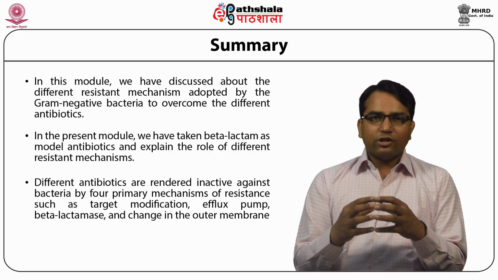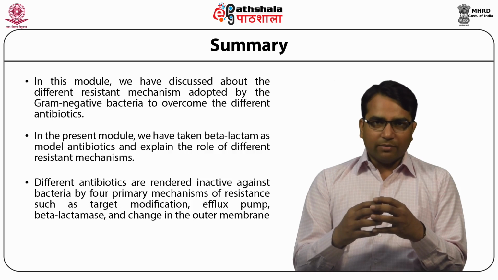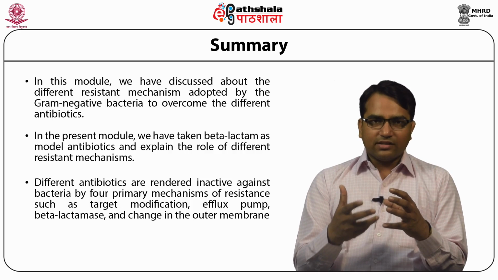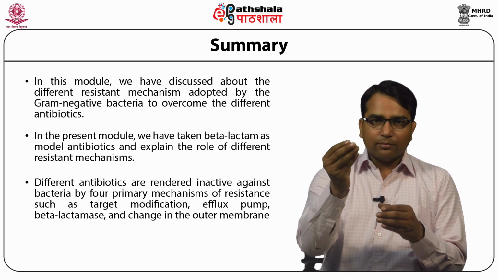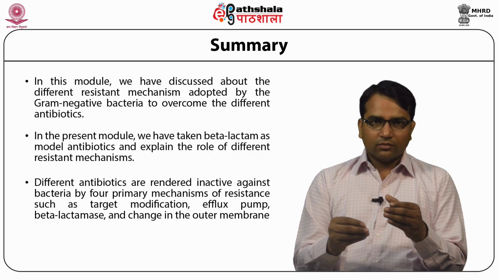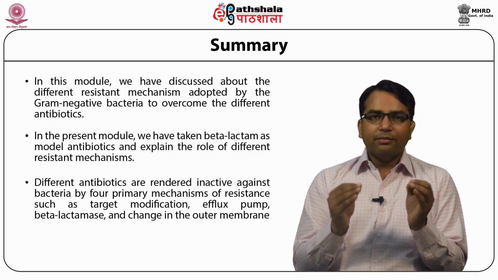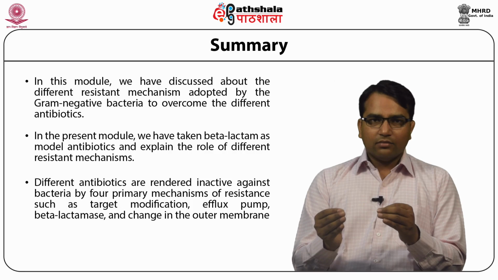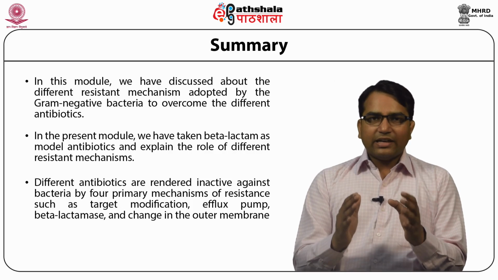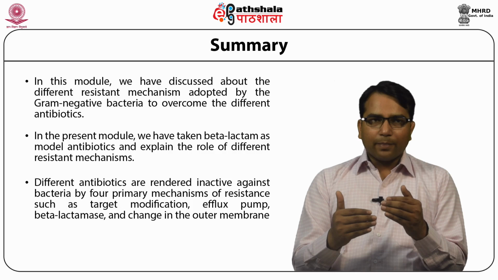The third mechanism developed by the resistant strain is a change in the permeability of the outer membrane. So the influx pathway modified by the resistant strain basically inhibits the antibiotic from entering the pathogen. And the most advanced mechanism developed by the pathogen is the emergence of hydrolyzing enzymes, or beta-lactamases in this case. So beta-lactamases cleave the beta-lactam antibiotics.